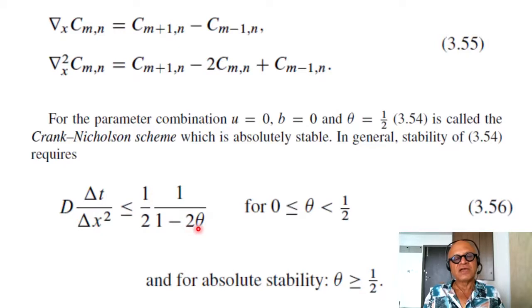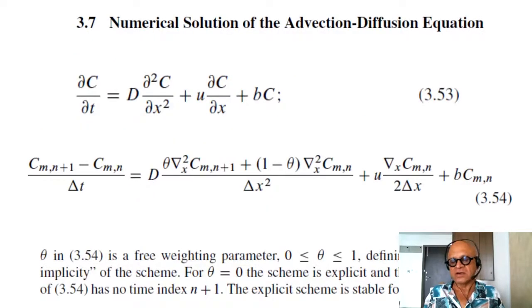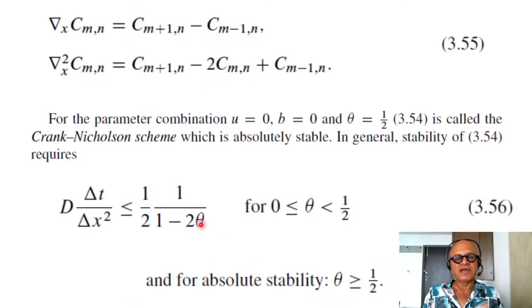So if theta is 0, then you get the condition that we saw for the explicit scheme. If theta is some other value, it has to range from 0 less than or equal to theta and less than 1/2. So that's general stability. If you want absolute stability, then theta has to be greater than or equal to 1/2, which makes it more implicit.